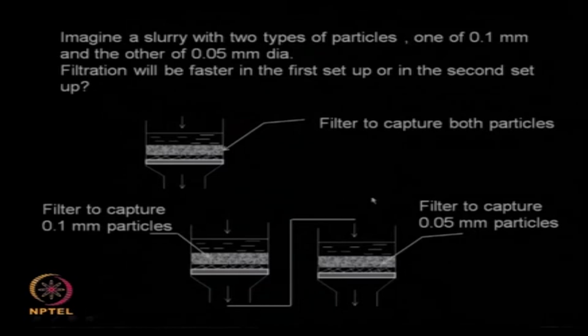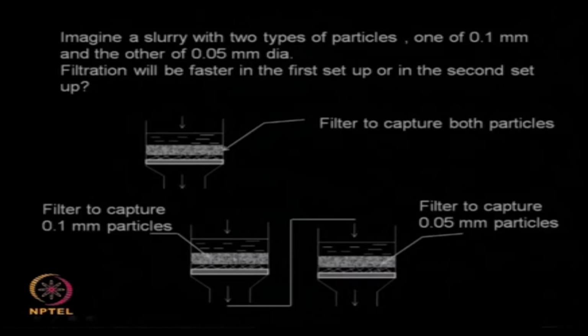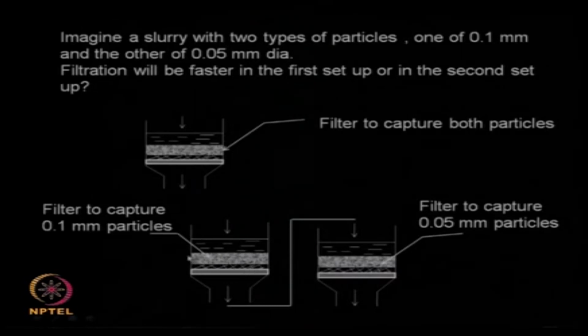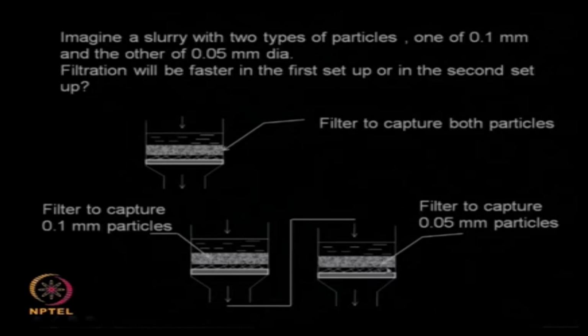Now consider another filtration setup, where two filters are there. The first one has very coarse holes, so it will capture only 0.1 mm, and 0.05 will pass through. Now this 0.05 is captured in the second filter, that means the holes are very fine.